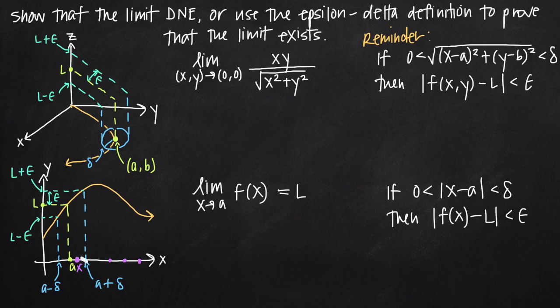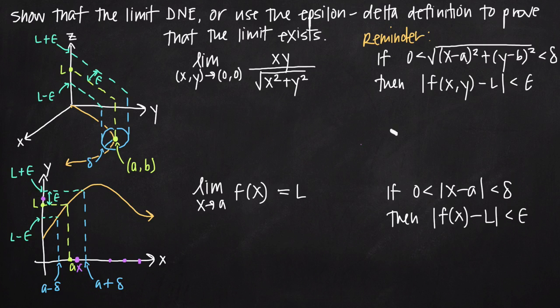If we pick a value for x inside this interval, then when we plug that into our function, it's going to return a value inside this epsilon range. So in other words, between L minus epsilon and L plus epsilon, it's going to give us a value back that's between these two values. So maybe somewhere like right here.